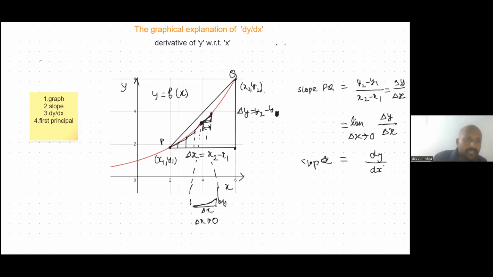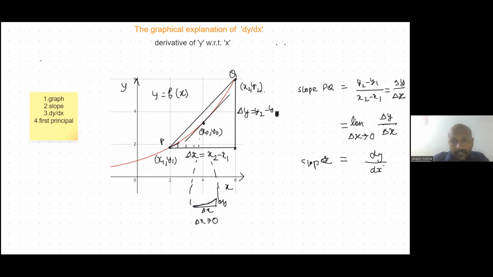When we draw a line at a given point, it is called a tangent to this curve at the point in which we are interested, let's say (x naught, y naught).